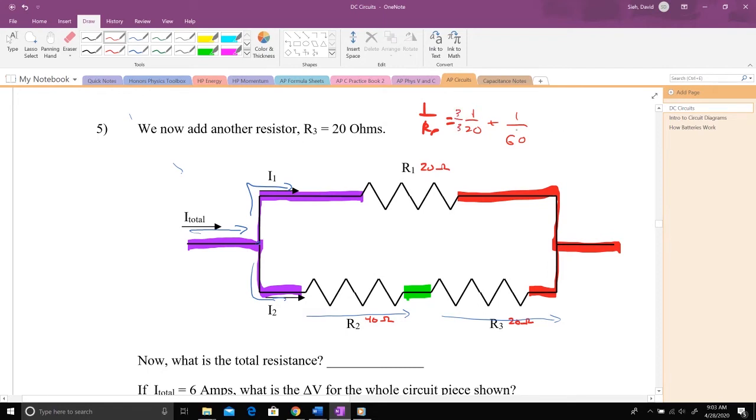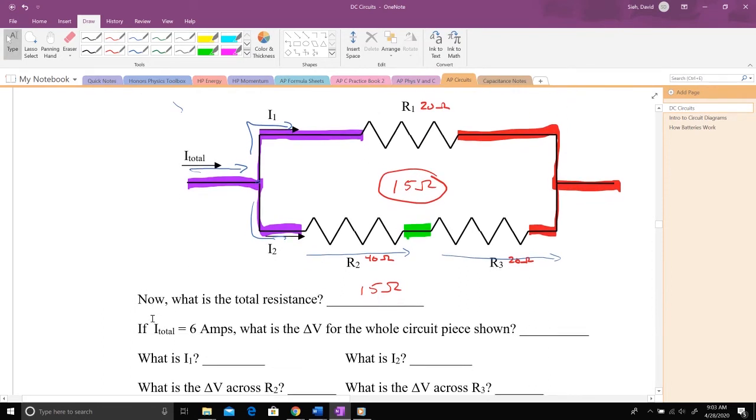And so I'm going to have 3 60ths plus 1 60th is 4 60ths. But again, remember, that's not the answer. That's the inverse of the answer. I've got to flip at the end. And so it'll be 60 over 4. 60 divided by 4 is 15 ohms. I'm going to put that right there in the middle on the diagram where it's useful, so I can see that's my answer. I don't have to go scouting around through blanks.